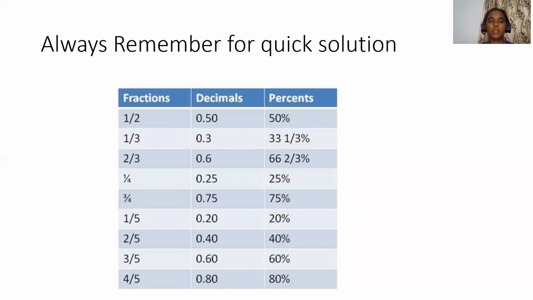For example, if you just know that 1 by 2 is nothing but 50% or 0.5, it's easier for us to get into the solution quickly rather than first calculating the percentage and then going for the problem solution. So I would say learn by heart all the percentages of fractions from 1 to 10, which means 1 by 1, 1 by 2, 1 by 3 till 1 by 10. You should always remember them and have them at the tips of your fingers.